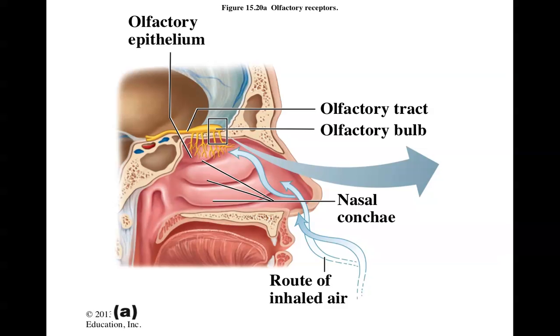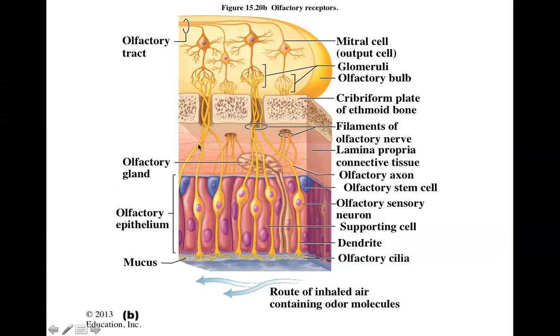All right, let's move on to smell then, olfaction. Again, we're going to be talking about dissolving odorants. If you smell bread baking, what's actually happening is tiny little microscopic particles of that bread are making their way through the air, dissolving themselves in your mucus right at the top of your nose. Let me show you a picture that shows the mucus itself. Here is your mucus.